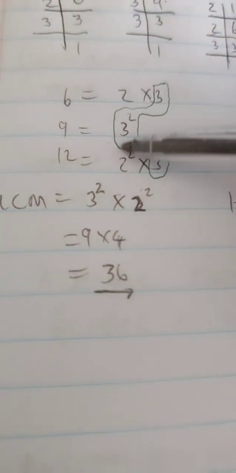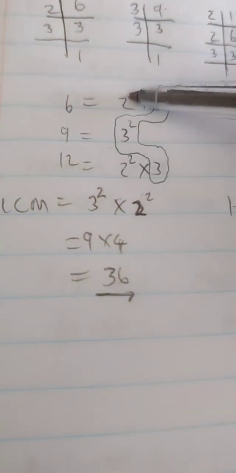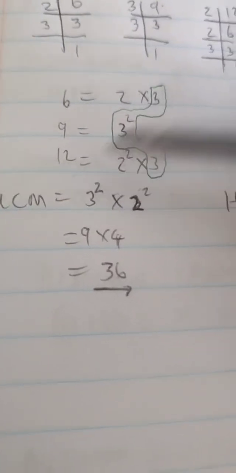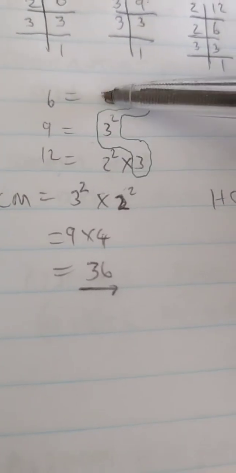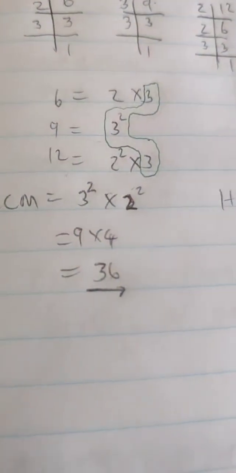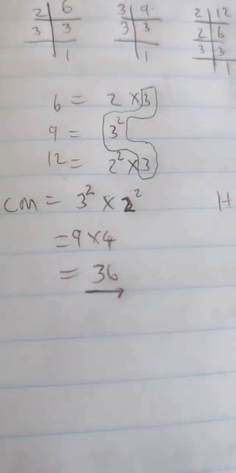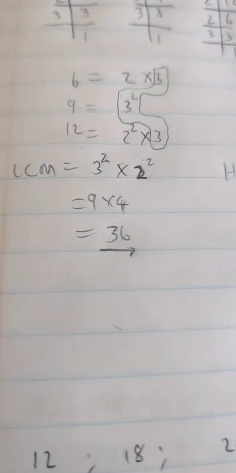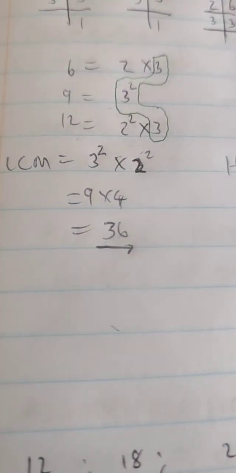But as it is a leftover, it is common for these two numbers, 6 and 12. Therefore, our leftover, which is base 2, because base 2 is common for the two numbers, we are still going to choose the common base with the highest exponent. So we choose 2 squared alone, and then we multiply, we get our answer. Okay.